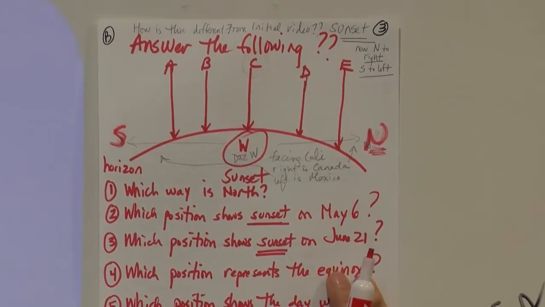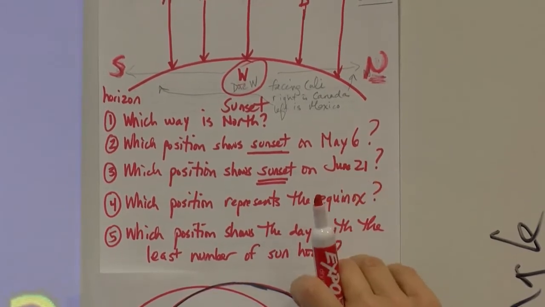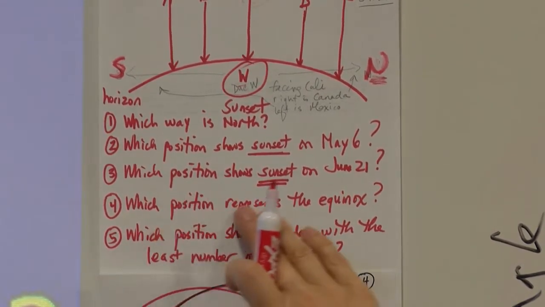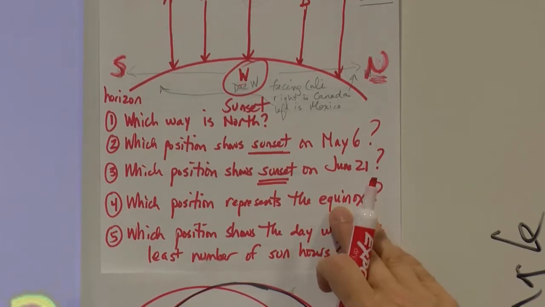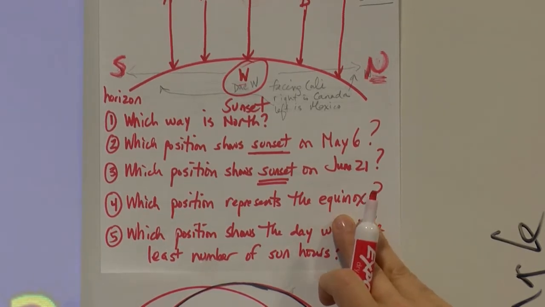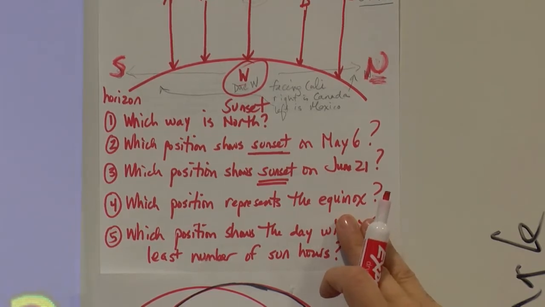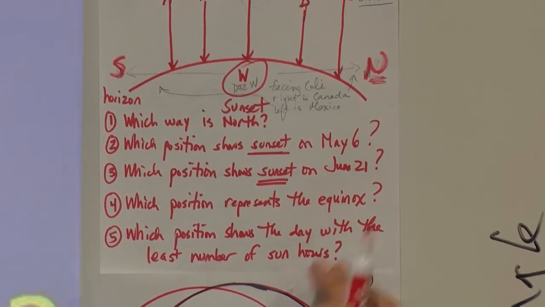This is the most daylight hours, and so that's what you have to think about. Which represents the equinox? I said there's 2 days of the year when the sun actually rises due east and sets due west. That would be the equinoxes. The fall equinox, the spring equinox. Okay.